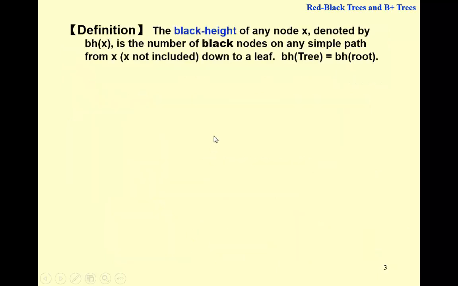So the most important concept in the red-black tree is the black height. We define the black height of any node X to be the number of black nodes on any simple path from X down to a leaf node, down to a nil node, where X is not included. And the black height of the whole tree is the same as the black height of the root.